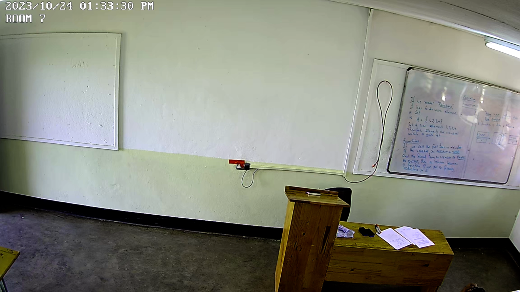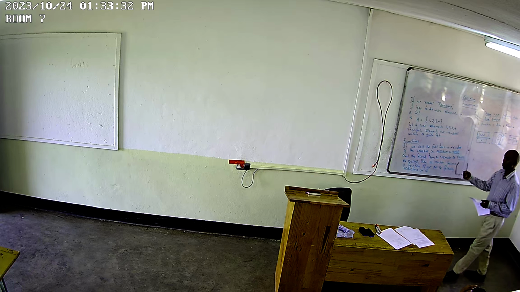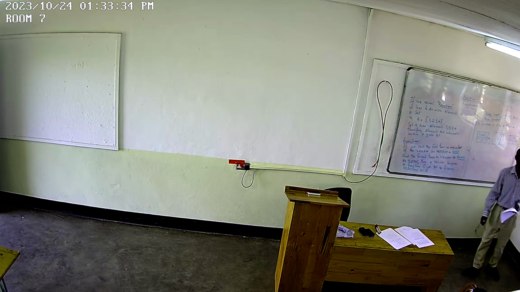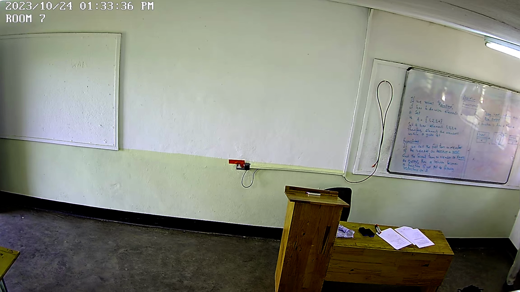But I have gone direct to what is called functions. You have learned this before, where you learned about domain and range. In the domain, you are looking at the things which are input, and the range is the output.